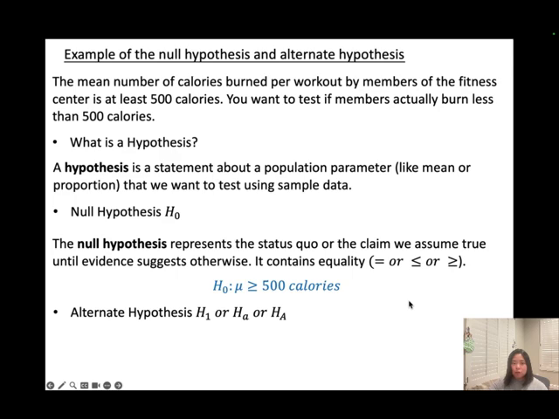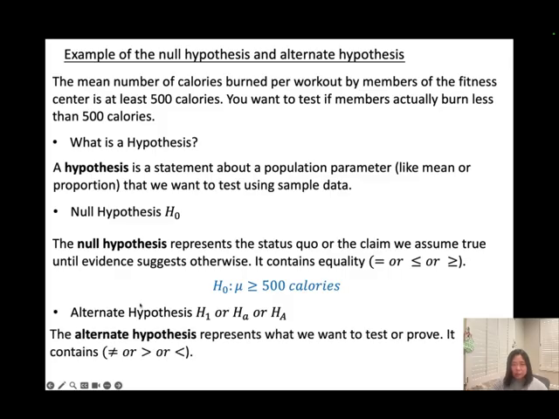And then how about the alternate hypothesis? For the alternate hypothesis, you can use H1 or Ha, the lowercase letter and the capital letter A. You could use either one of these to represent your alternate hypothesis.